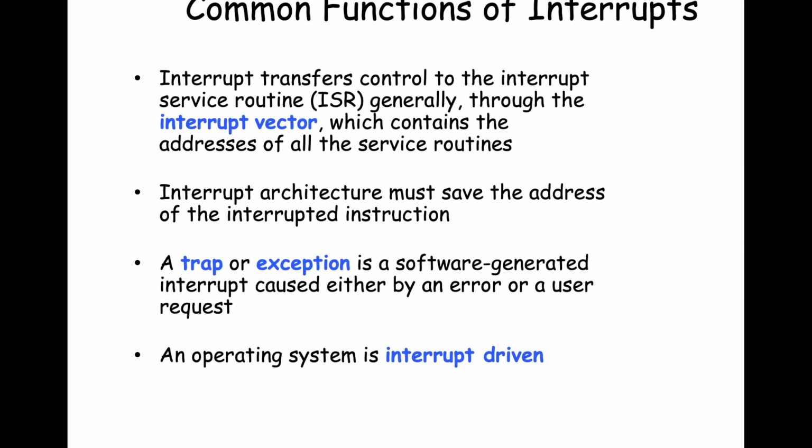An exception deals with errors, rather, I'll correct that. An exception deals with errors, but a trap is triggered by a user request. So the operating system makes available certain libraries that are very useful routines that allow you to do things like copy files from a disk into memory.